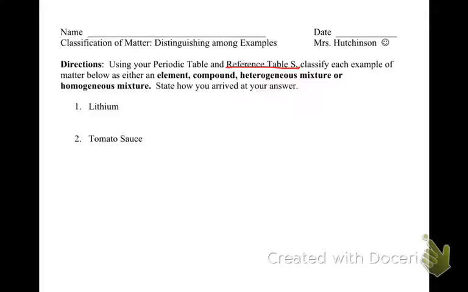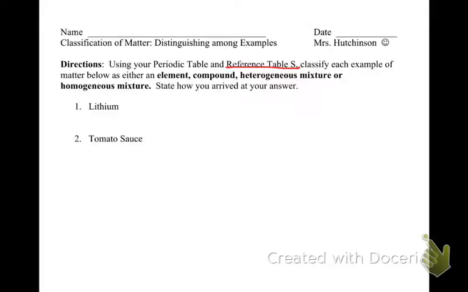So if you're not too familiar with the symbols yet, because we just got started, you can look up the symbols and the names on reference table S. But you want to classify the matter below as either an element, a compound, heterogeneous mixture, or homogeneous mixture, and just simply state how you arrived at your answer. It doesn't have to be a complete sentence. It can be a bullet. It can be a word or two. Just tell me how you got there.